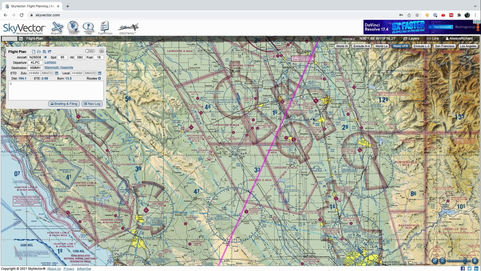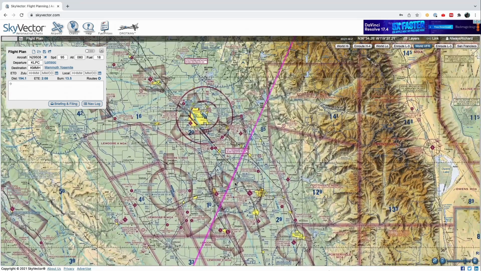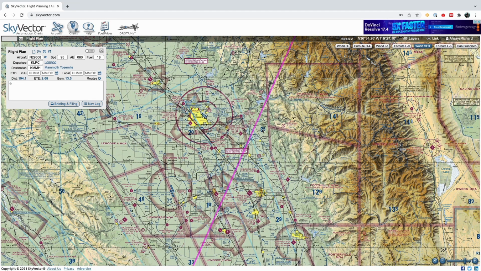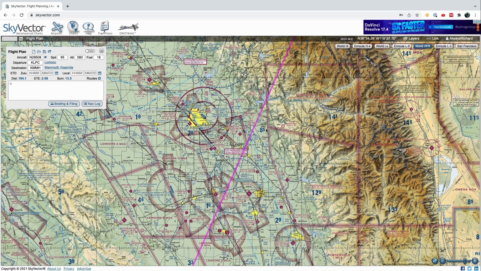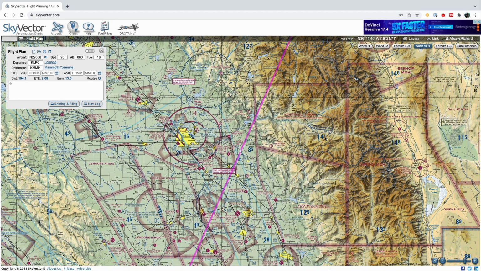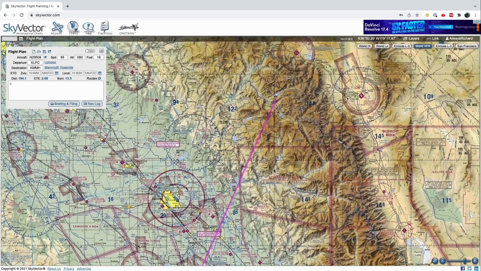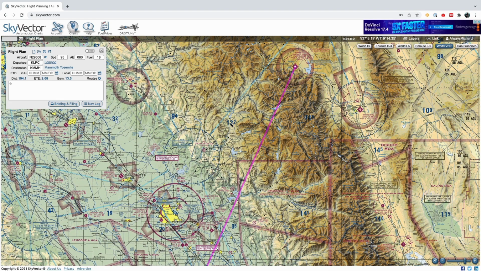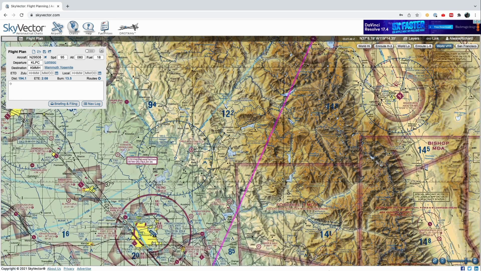Then you come into this cluster of airports. 1,000 feet is the highest obstacle in that area. Then you start having to climb: 8,500 feet, 14,100 feet, 12,200 feet, 14,000, 14,300 feet.